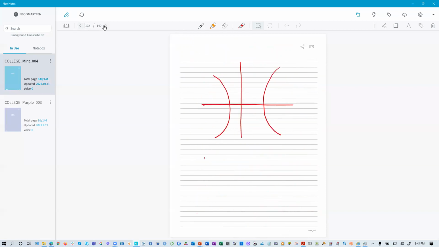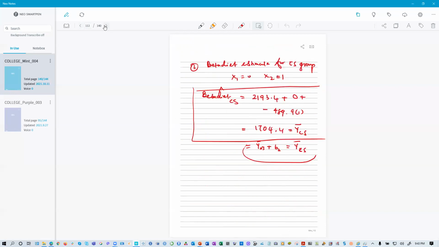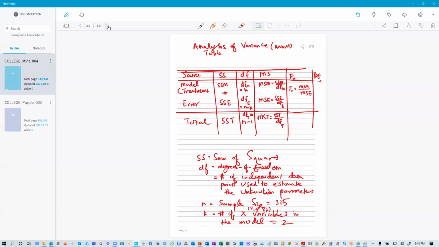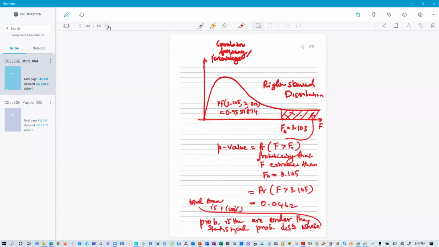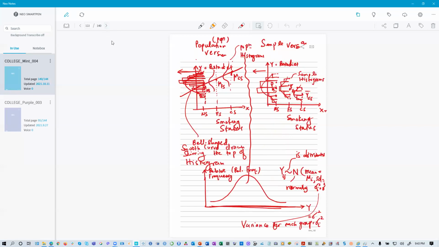I have a y-axis, data diet. For the x-axis, I have non-smokers, former smokers, and current smokers, smoking status. See? So these are categories.